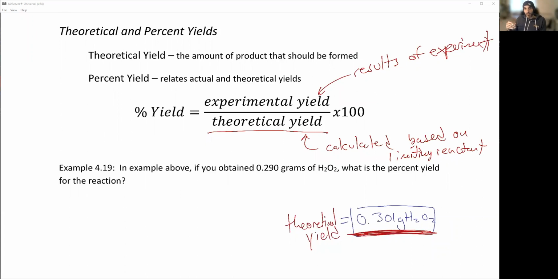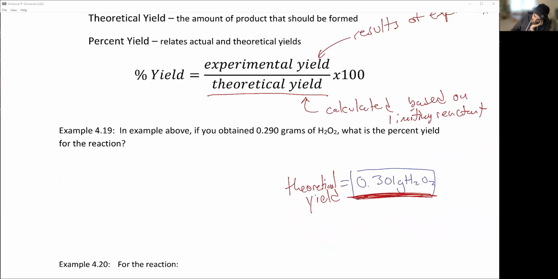The experimental yield could be smaller because you have side reactions going on. It could be smaller because some remained in solution. The experimental yield can actually be larger than the theoretical yield because you didn't purify it properly and you have some leftover salts or something like that, or you have water that's in there still. So experimental over theoretical times 100 is going to give you your percent yield.